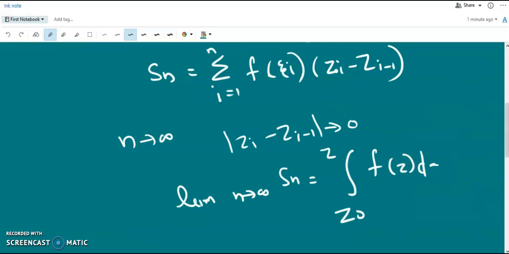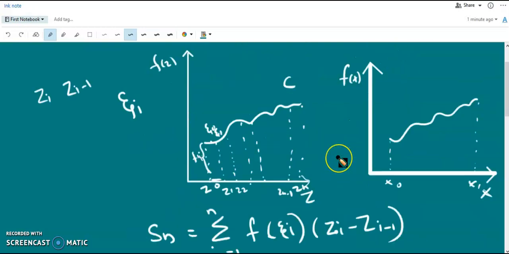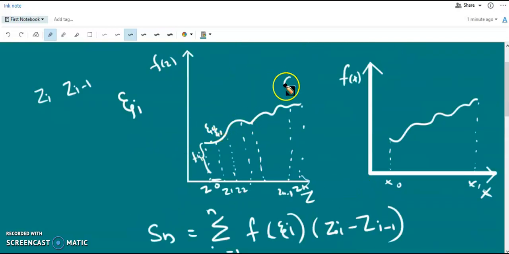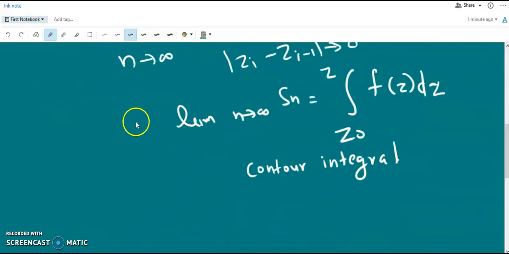This right-hand side is called the contour integral of f of z along the specified contour C from z equal to z0 to z equal to z. So this is the contour integral of the function f of z over the contour C, which starts from the point z0 and ends on the point z.